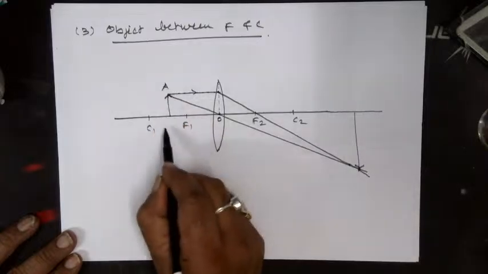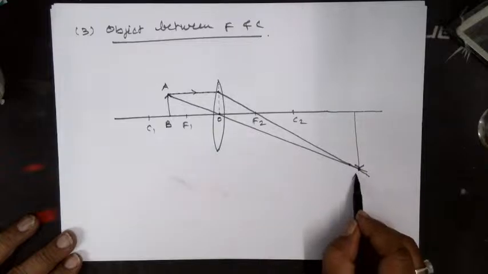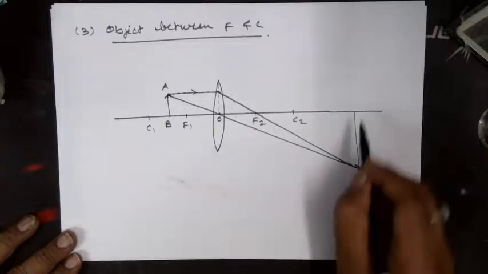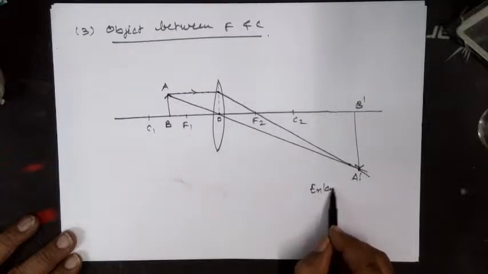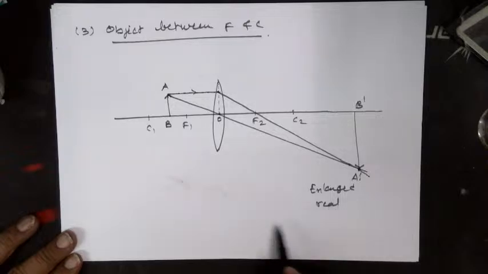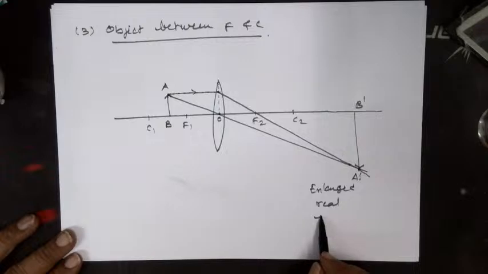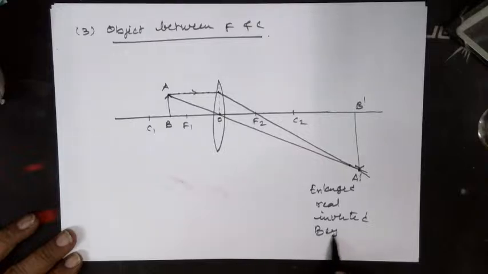This is AB, whereas here it is A dash B dash. So it is an enlarged real image, inverted, and its position is beyond C2.